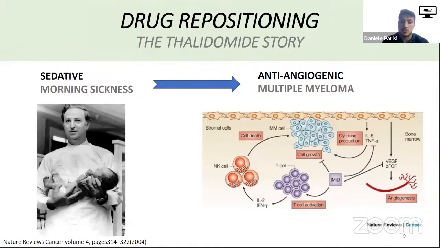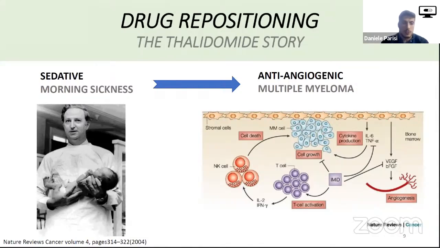Thalidomide is a drug that was for the first time brought to the market after the Second World War in Germany in the late 50s, and it was used as a sedative. It immediately gained a lot of interest for its ability to stop morning sickness in pregnant women.